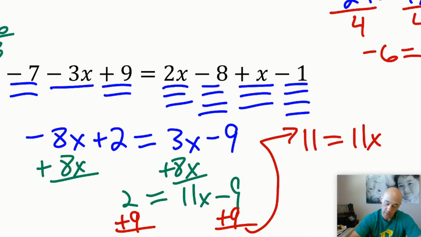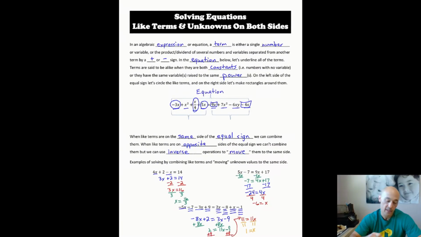Now we're going to divide by 11 because we have 11 times x, and we get x is equal to, well, 11 divided by 11 is 1. And so our solution is x equals 1. And that is combining like terms and when we have unknowns on both sides.